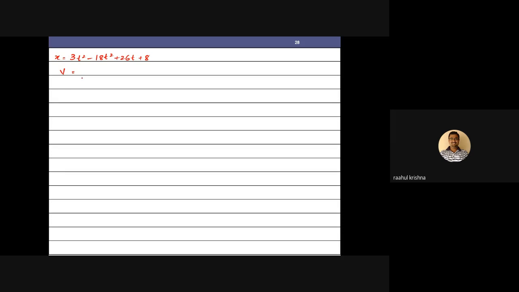So v is given by dx by dt, which is d by dt of 3t cube minus 18t square plus 26t plus 8, which comes out to be 9t square minus 36t plus 26. So this is my equation for velocity.